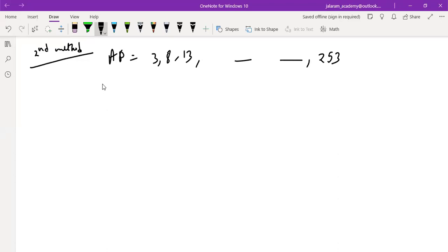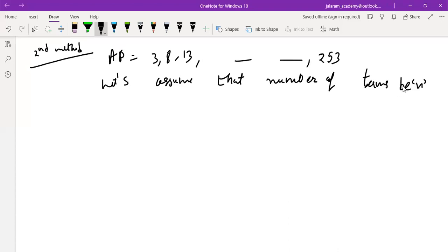Assume the number of terms is n, it means the nth term. The nth term is a plus (n minus 1) into d. What will be the nth term if it is 253?